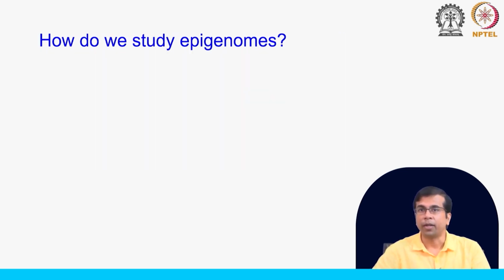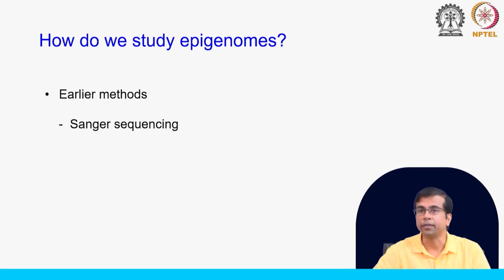Now we come to the part on how to study the epigenomes. The why part is, I think, clear, and I hope I have convinced you that this is a very important part. So, the question now is, how do you study epigenomes? Earlier methods, before NGS, relied mostly on Sanger sequencing. We will discuss these methods again in subsequent classes.